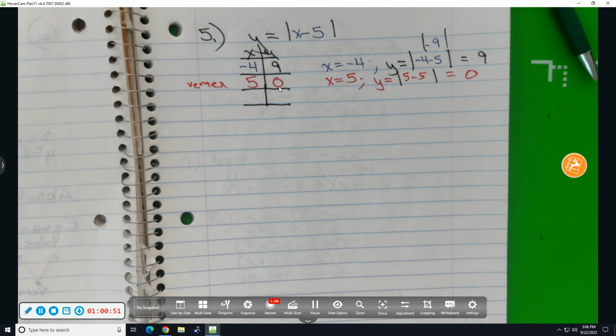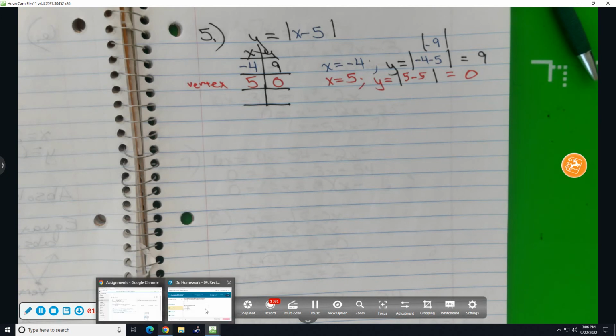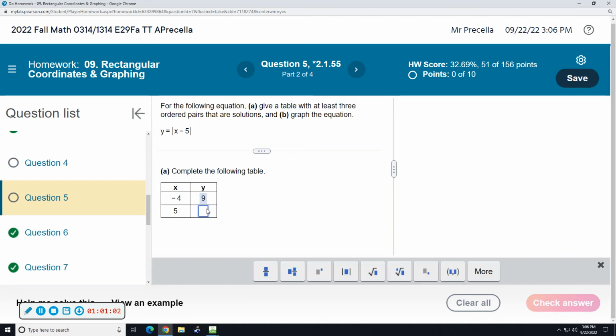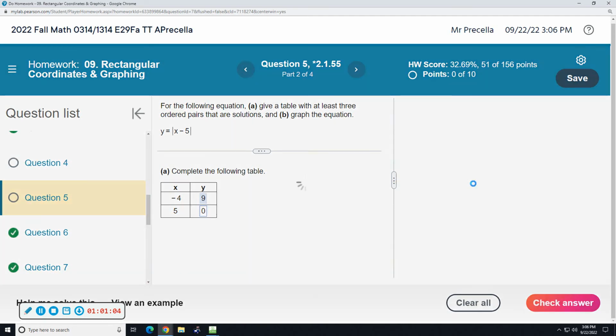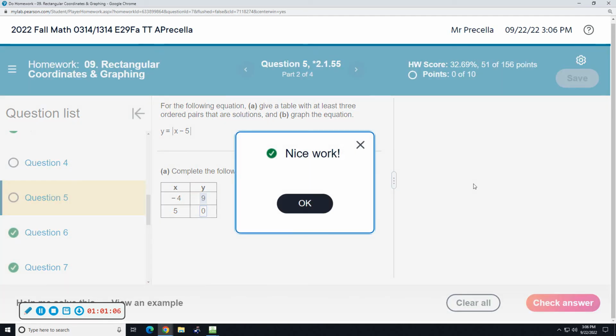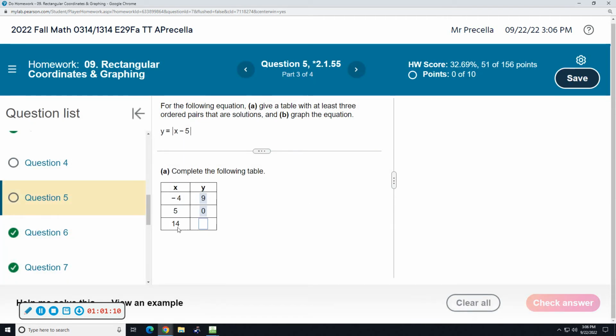But anyway, I plugged in 5 for x. 5 minus 5 was 0. The absolute value of 0 is 0. Let's go back and type in that 0. Okay. Oh, they have another one they want us to plug in. I think we're only going to have to do 3 points.